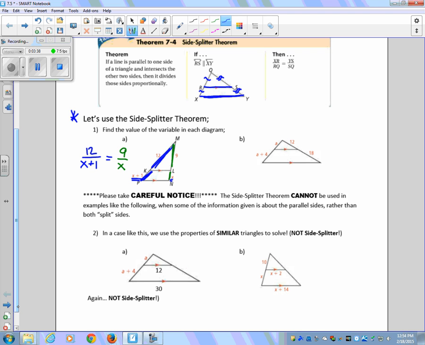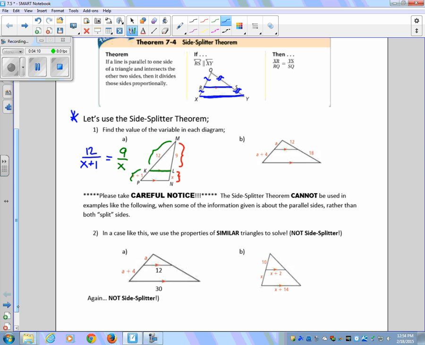You could think of it this way: when you have a side splitter situation where there's a parallel line, it's like upper left is to lower left, as upper right is to lower right. There are other ways of setting up this proportion. You could say 12 is to 9 as x plus 1 is to x, but you need to have the right splitting situation.